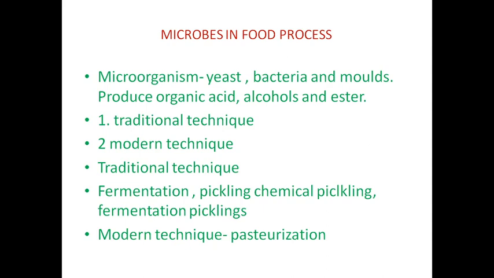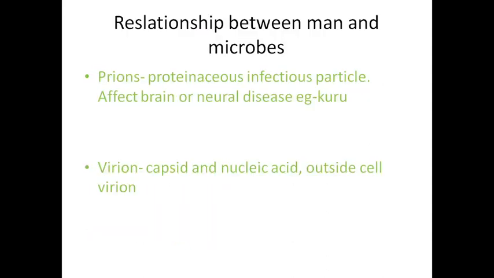Normally in our body, if a large amount of cholesterol is deposited, it leads to heart disease. Definitely the person is affected by heart disease. These kinds of problems are solved by using probiotics. Next one is the relationship between man and microbes. It is very simple, because without microbes, man cannot do his activities.